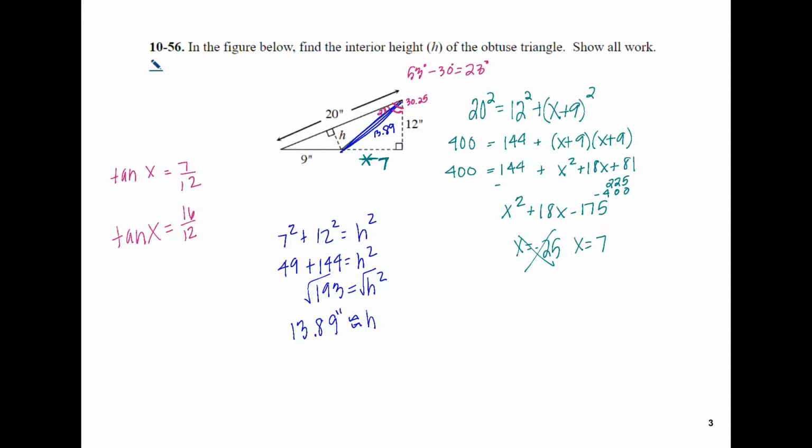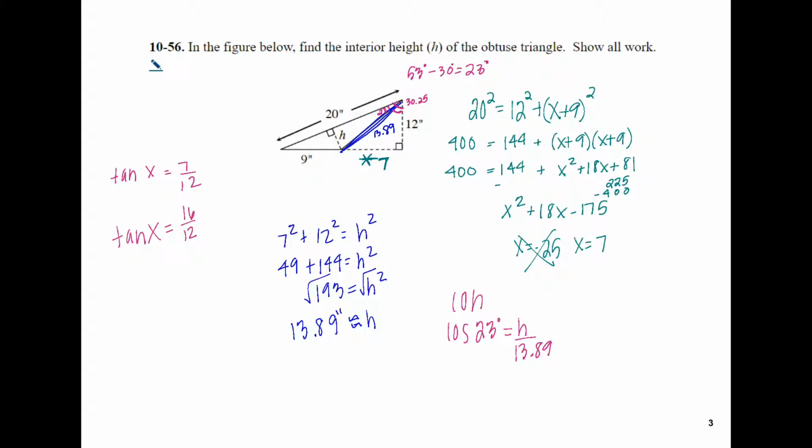So now that I know my hypotenuse, the side opposite, my hypotenuse is cosine, so I can take the cosine of 23 degrees is equal to my side opposite over my hypotenuse. I can then multiply those.